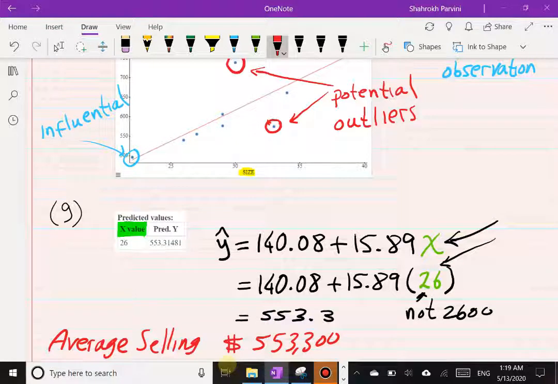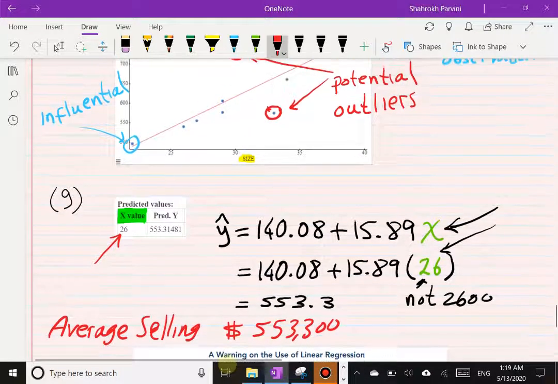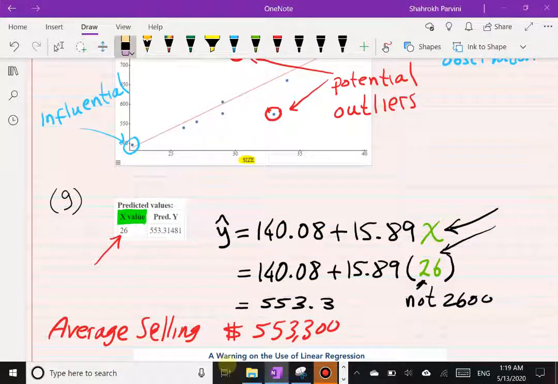The reason it's the average is, let's say there may be 5 homes that are each 2,600 square feet. So it gives you the average of those homes. So in general, we predict the average price. Even if there weren't any, that means if there were other homes of that size, they would average to this price.